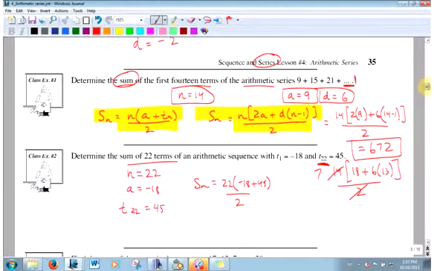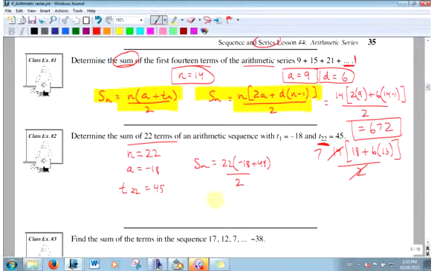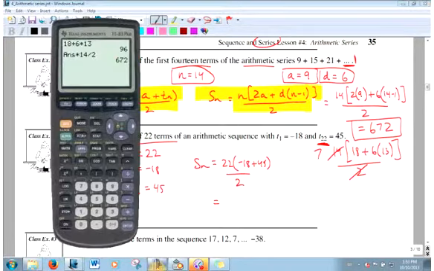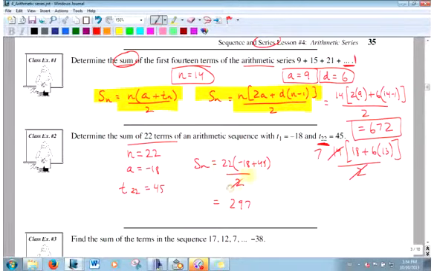The first term, the last term, that's just like Carl Gauss's 1 to 100, isn't it? In the brackets, what do you have? Negative 18 plus 45, times 22 divided by 2, or do you want to just multiply it by 11? 2 goes into 22 11 times.